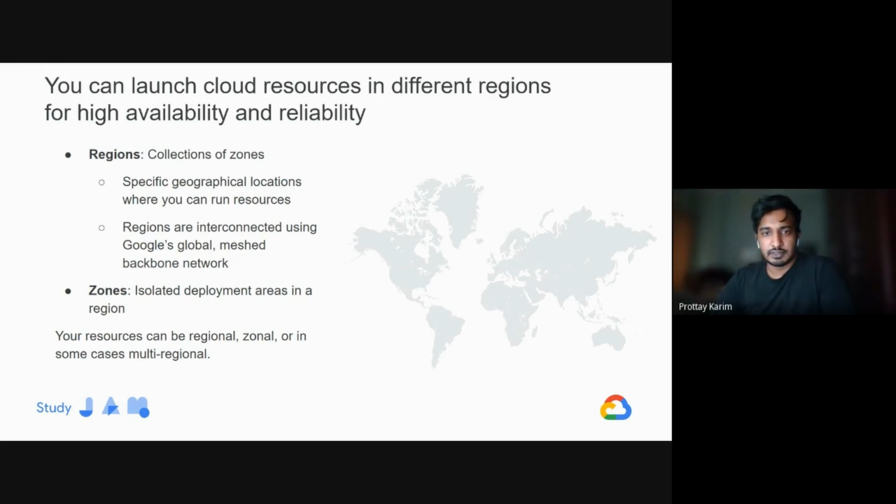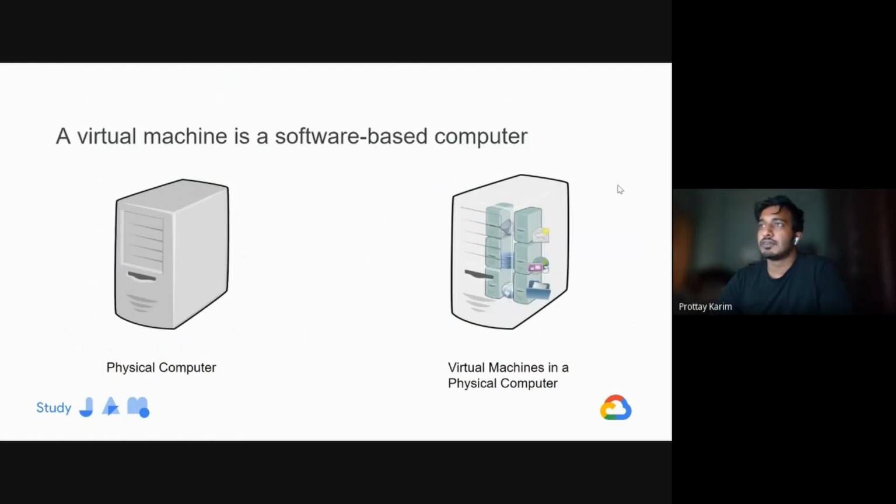So let's look at virtual machines. Sorry. You have likely worked with a physical computer before, and in fact, you're working with it now. A physical computer has resources such as CPU, memory, disk storage, network configuration, operating systems, and other application software.